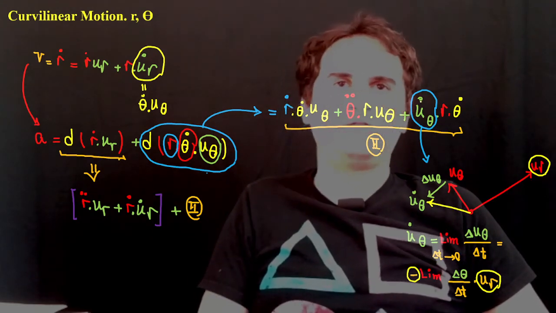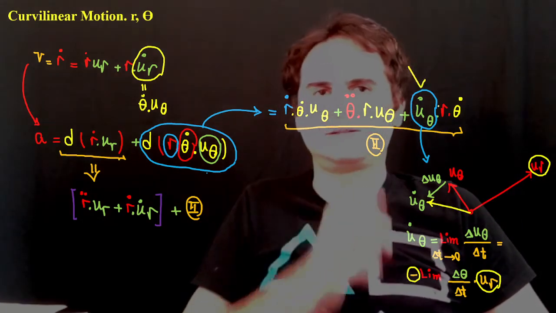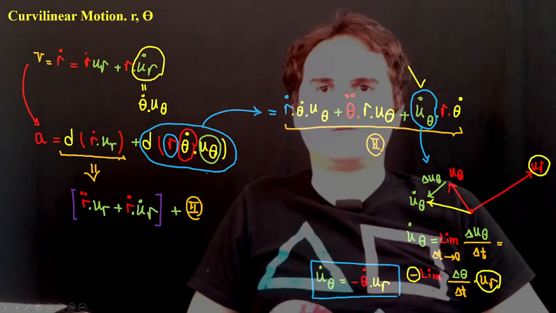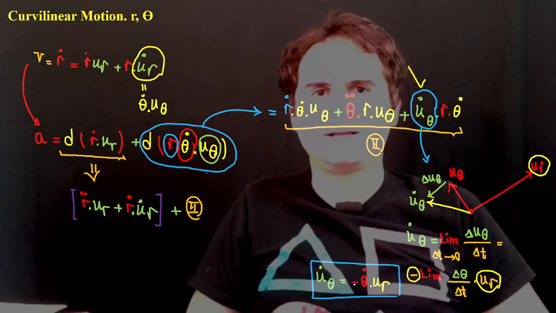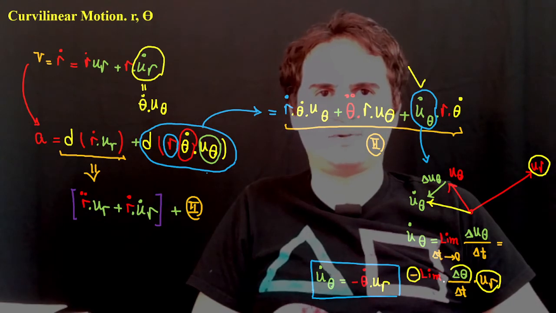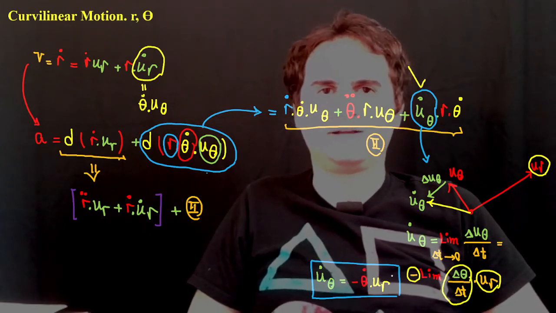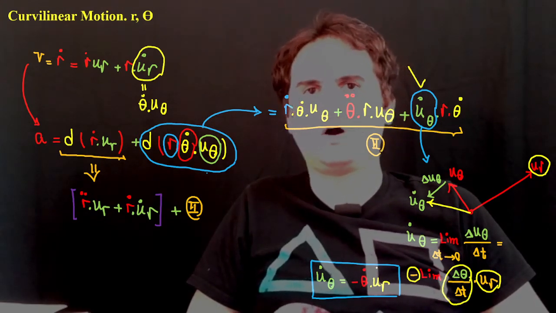So if we just create u dot theta, one can say u dot theta is negative, and replace that by theta dot, a negative theta dot times u r.